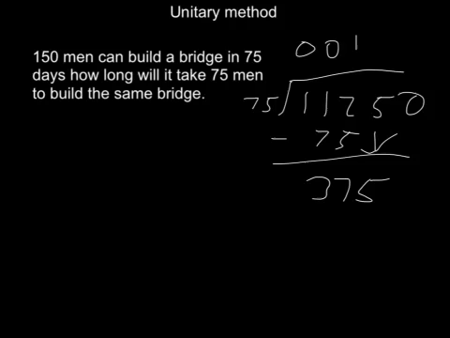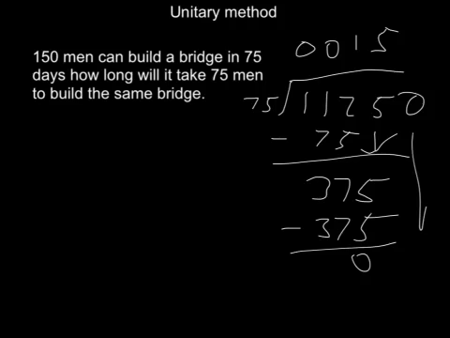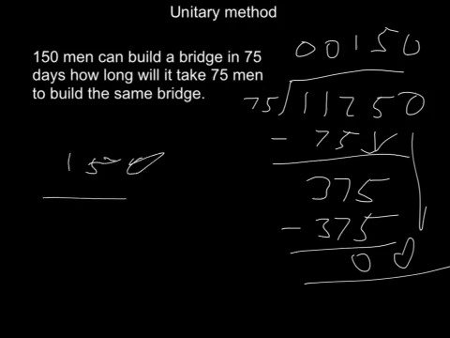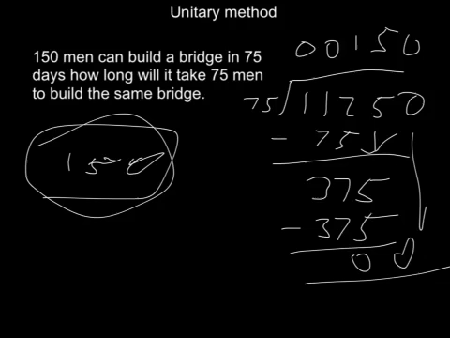So it goes 5 times. Minus 375, this is 0. We bring the 0 down and we put a 0, and we end it. So it will take 150 days for 75 men to build the same bridge.